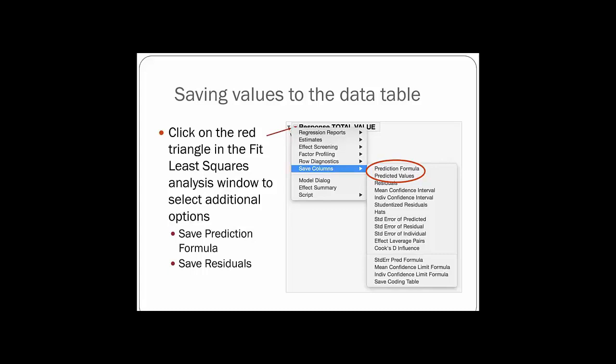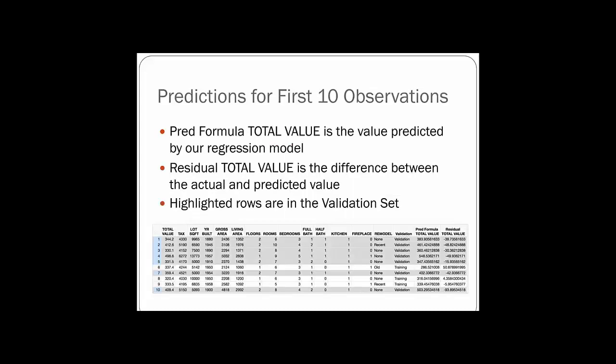Then in the output, when you see the response total value, you click the little red triangle and then save the columns, the prediction formula and the prediction values. There's lots of other things that you can save, and so here they're suggesting that we save the prediction formula and the residuals. And so then in this additional output, we have all of our variables, and then we have two new columns, predicted formula and residual value.